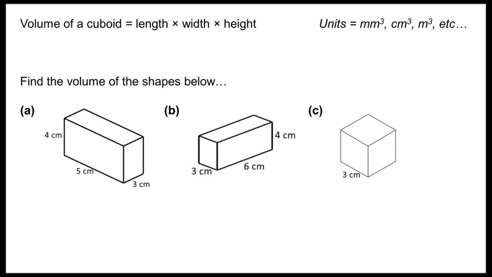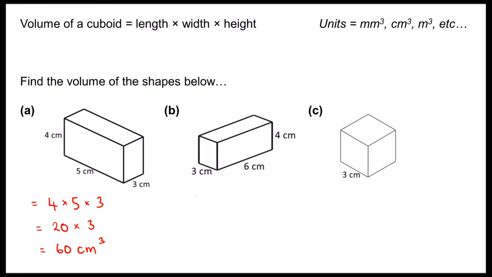So in A, I can say 4 times 5 times 3 is the calculation I need to do. I know that 4 times 5 is 20, and then I want to times that by 3, and 20 times 3 is 60. Because my units are centimetres, I know that the volume is 60 centimetres cubed.